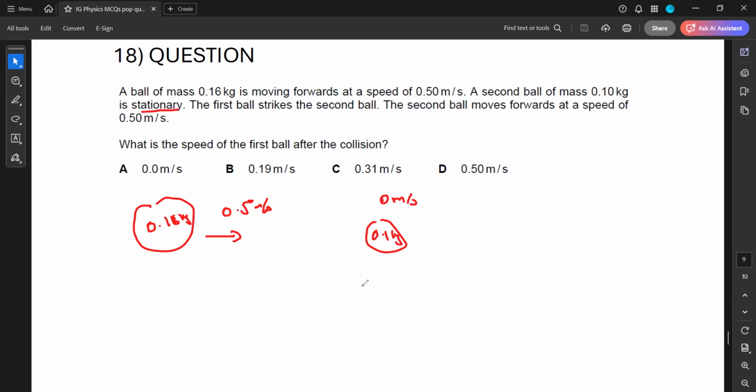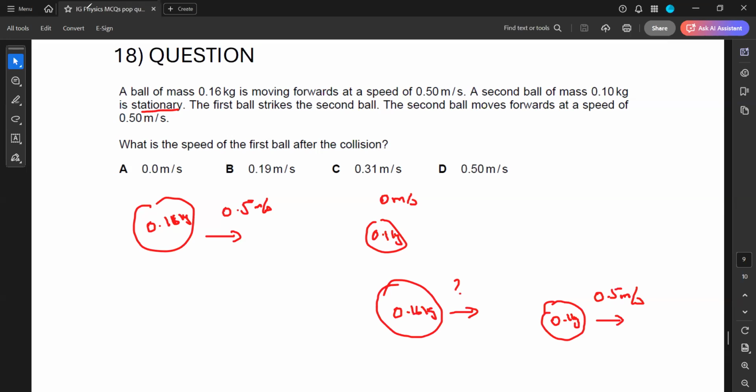After, what happened? The second ball moved forward. So the second ball, which was 0.1 kg, moved forward at a speed of 0.5 meters per second. What is the speed of the first ball? So 0.16 kilogram is there, and we need the speed of this one. Whenever two objects are colliding, there are two ways to solve a question.